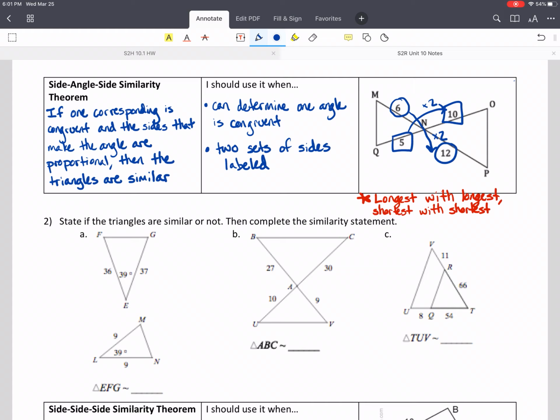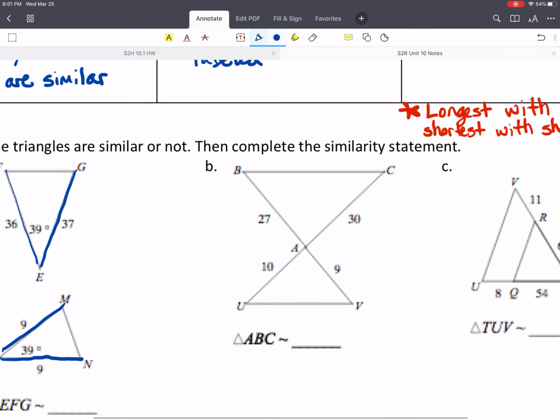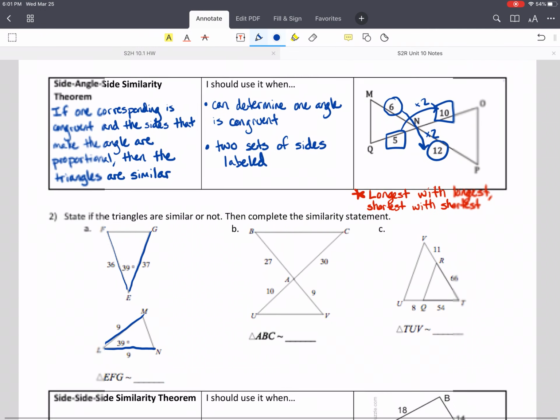So looking at these examples, for part A, okay, I have two sides and the angle between them. That's what we want. Two sides and the angle between them. So if I take a look at this, oh my goodness, sorry.